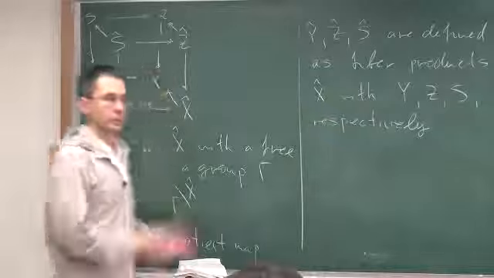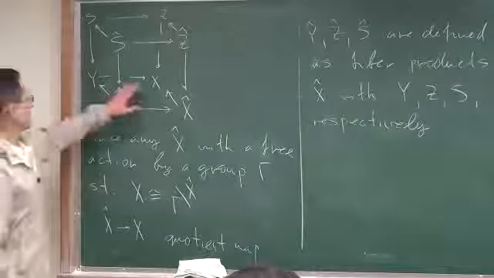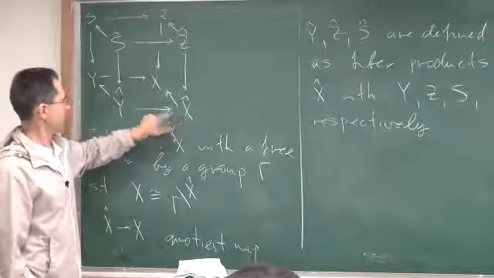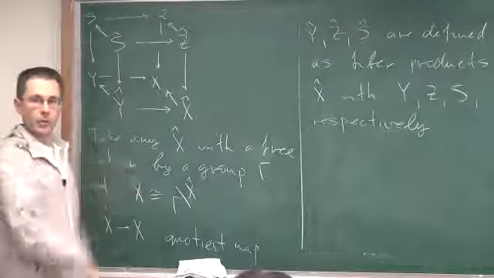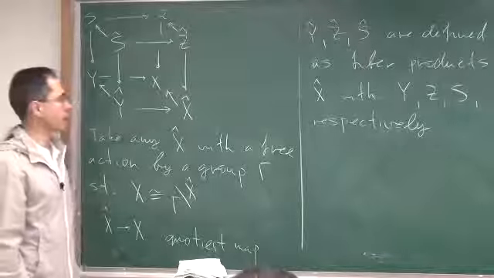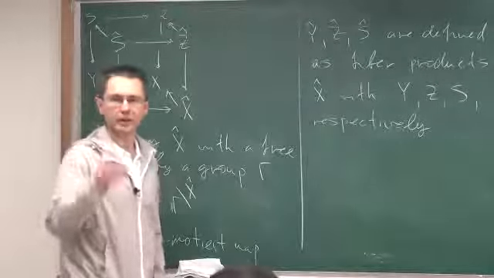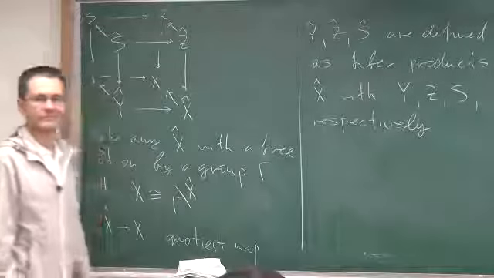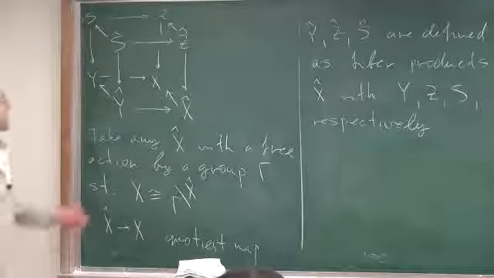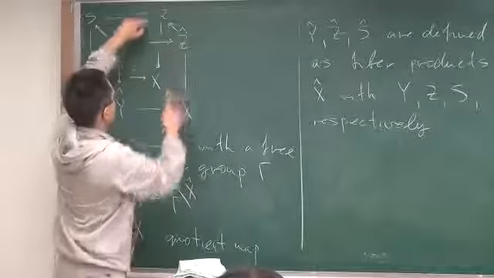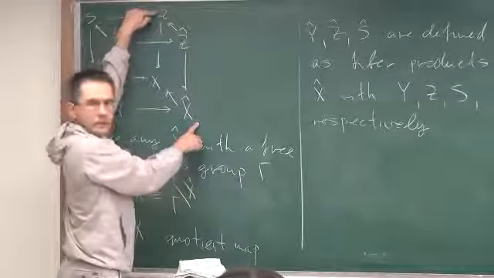This is what I meant by pulling back the whole diagram. You start with the diagram x, y, z, s, and you take this quotient map, x hat to x, and then you pull back the whole diagram. This is what I mean by pulling it back. Right? You have a question? So, for example, z hat is the fiber product of x hat and z.